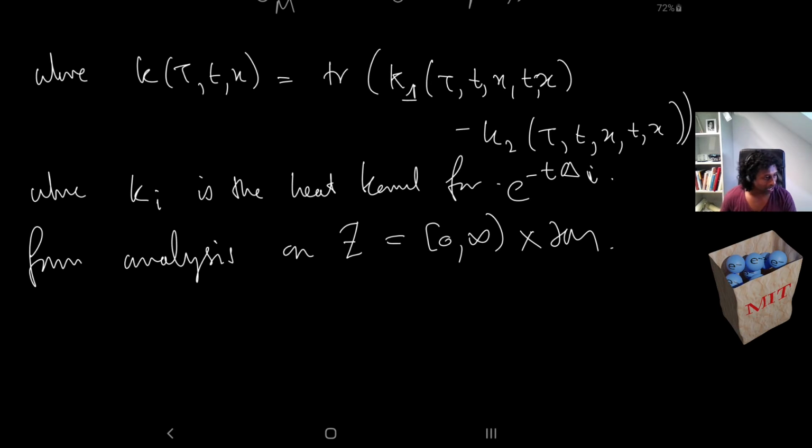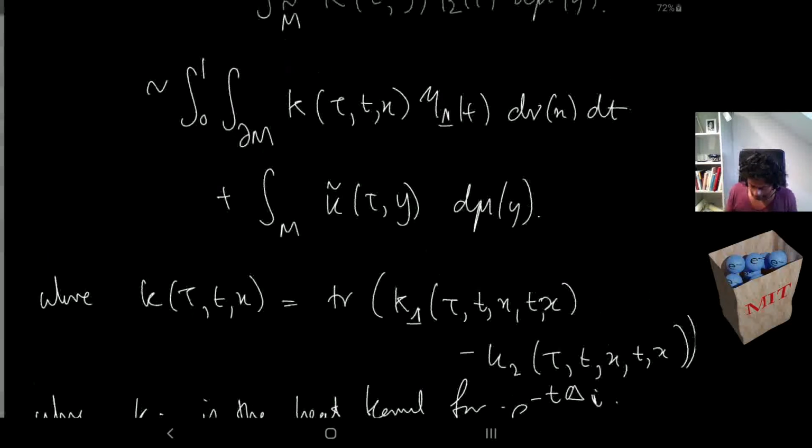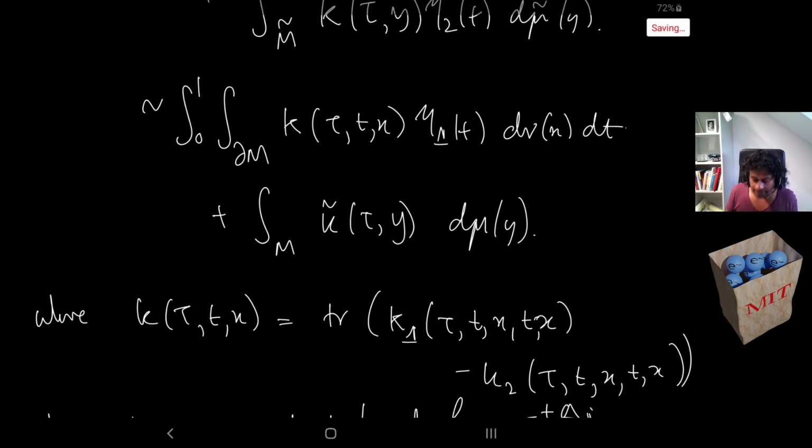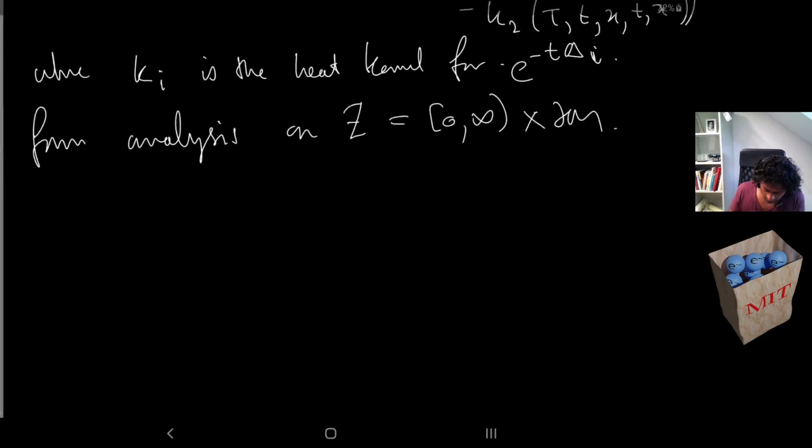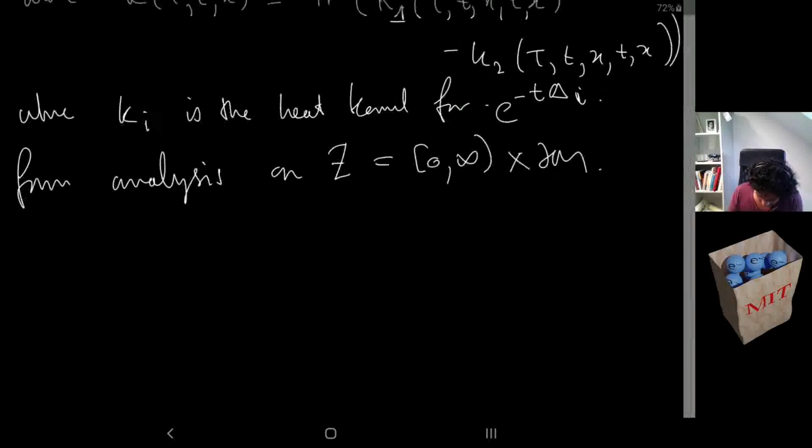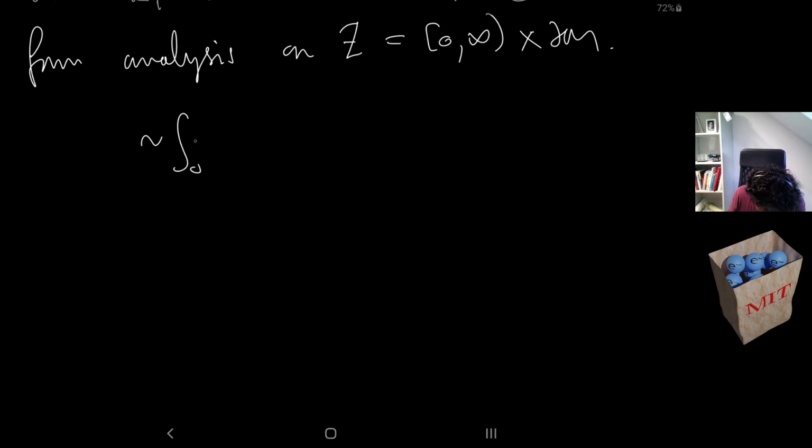Right. So now the point is that by the properties of this eta 1, because it becomes 0 after some period of time, we can further expand this expression and just do the whole computations in the cylinder, right?